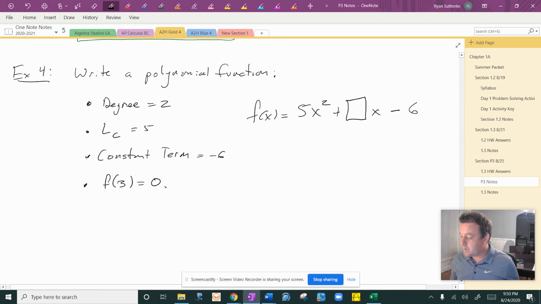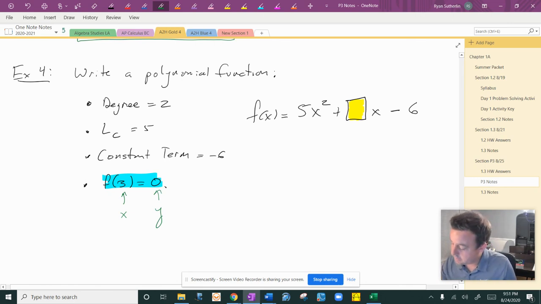So I'm really missing what I have in the box here. I just don't know the coefficient that goes with x. But I do know f of 3 is 0. And this is a really good review of function notation. Remember what this means is that when x is 3 on f of x, the y value is 0.